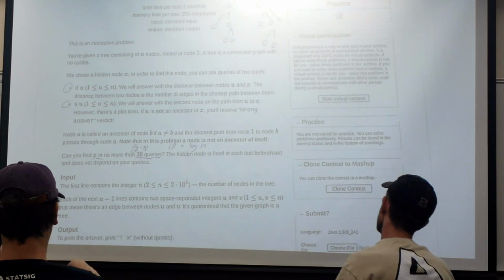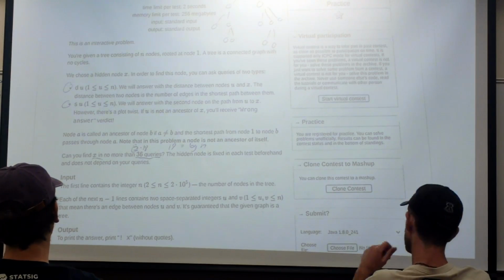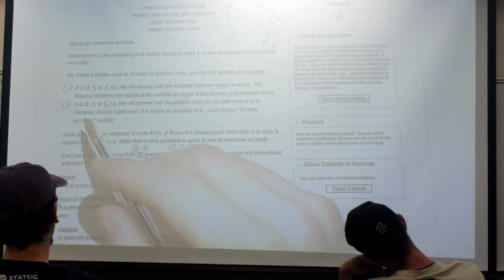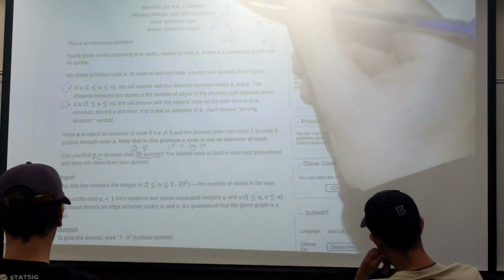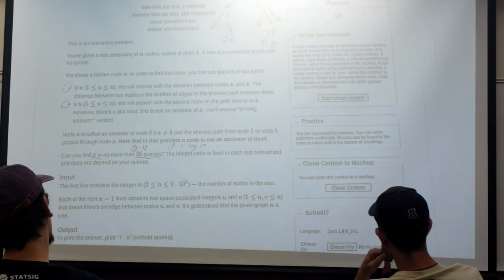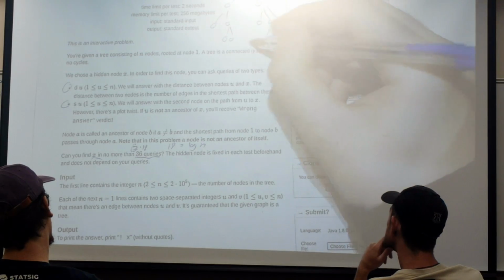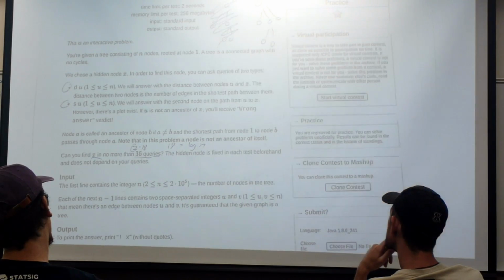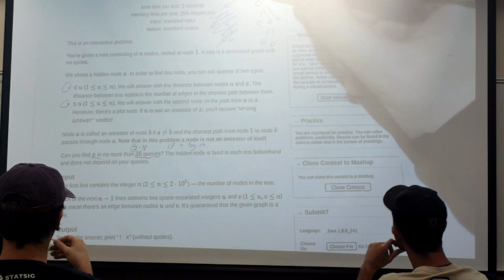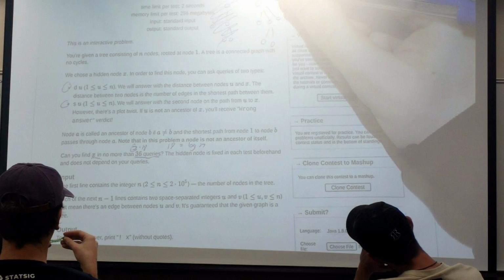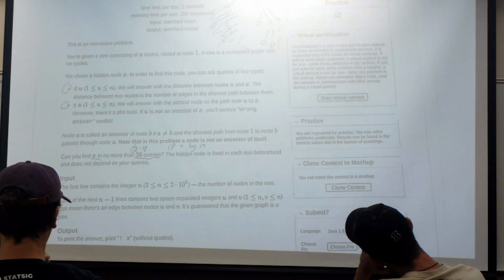We find the distance to X from this root, and we want to see what subtree it's in. Let's say it's in this subtree on the right, so we can just delete everything else. Then let's start here, finding the centroid in this remaining tree. Remember the definition of the centroid?